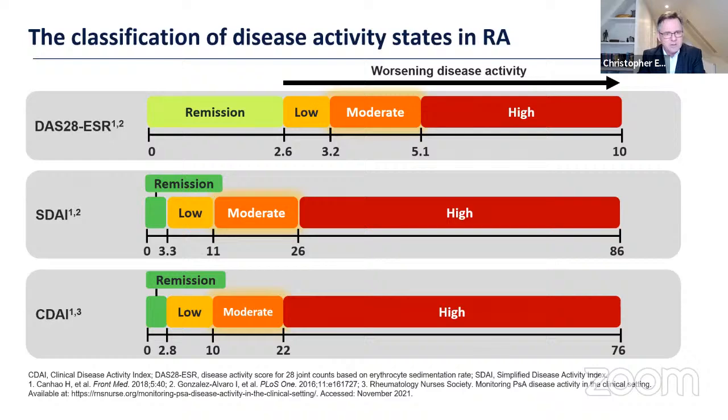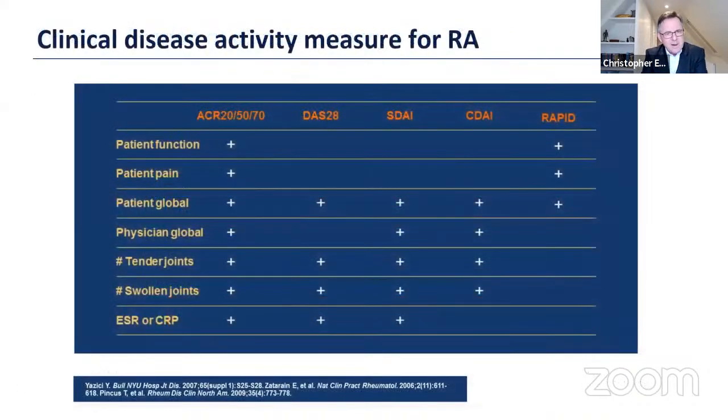Okay, so I'm going to move on to the next slide. Thank you for that. So here are the component parts in some of these measures. These things are worth just having a little look at. In trials, traditionally ACR20 was often used as a primary outcome measure. Of course, that's do you achieve 20% improvement or not? And of course, there's an ACR50 and an ACR70, and it has all of these components that you can see listed on the left-hand side.